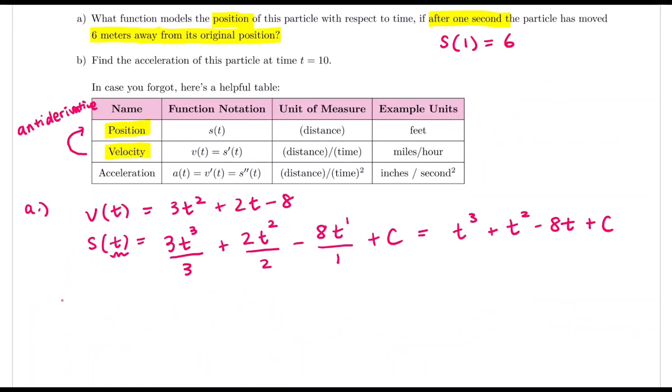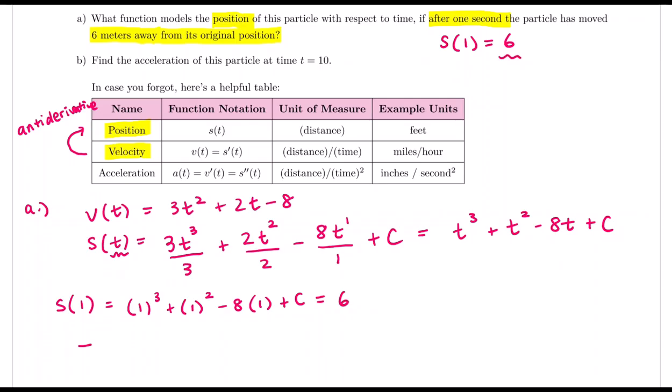Okay, so I'm going to plug in 1, and that will give me 1 cubed plus 1 squared minus 8 times 1 plus capital C, and I know that at the end of it, this needs to be equal to 6.